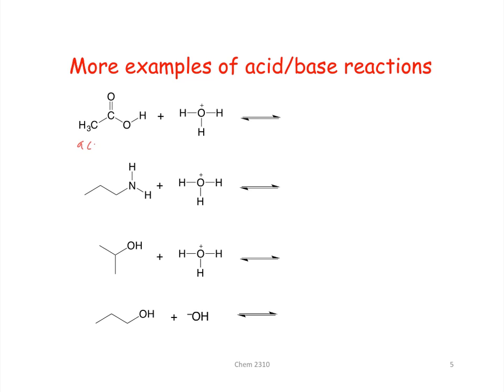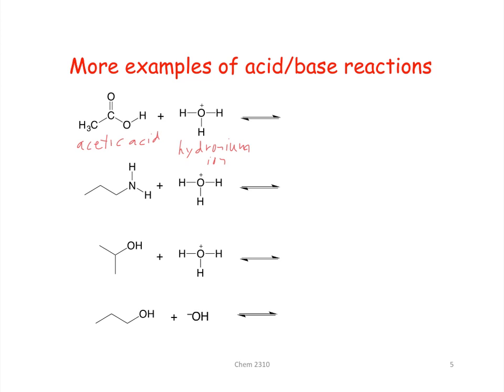So again, this is acetic acid, and we have hydronium ion. In the last example we saw acetic acid reacting with water. So what's the difference between water and hydronium ion? Well, hydronium ion has an extra proton, and so that makes hydronium ion a much stronger acid than water is. Okay, so in this case, the roles are going to be reversed.